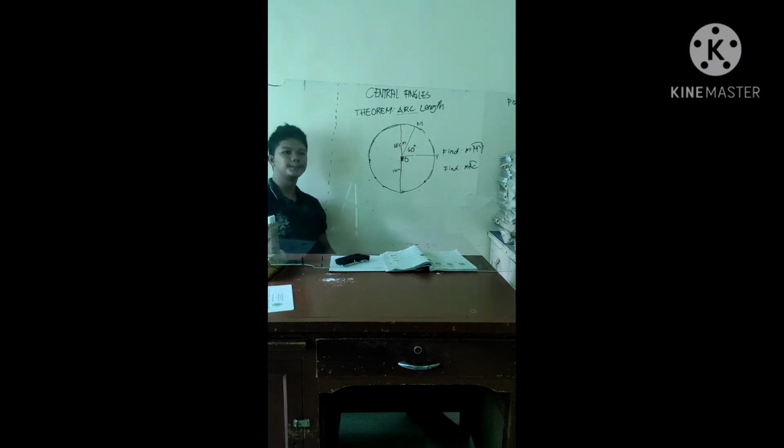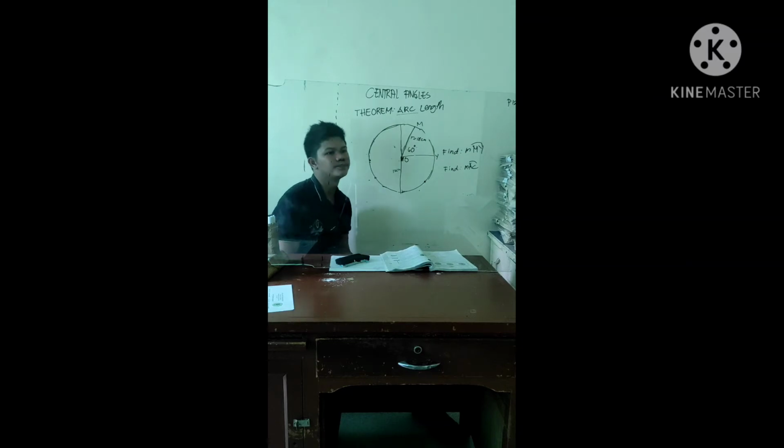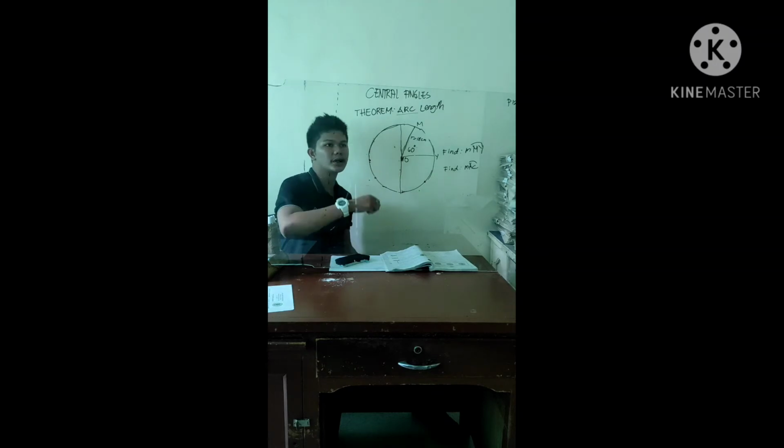So, dito muna tayo sa dalawa. So, given our circle O, and yung measurement ng ating arc MY is 60. And then, yung radius ng ating circle, okay, so our radius is 18 centimeter. And then, our diameter, hindi 12, no?